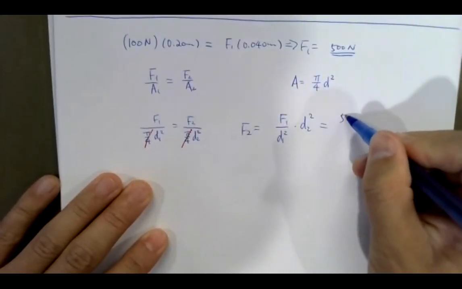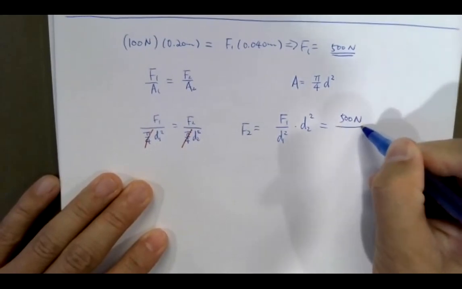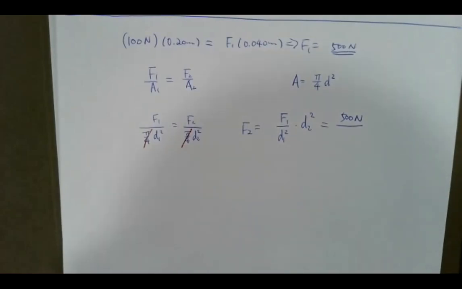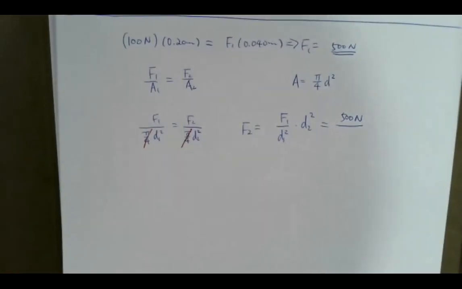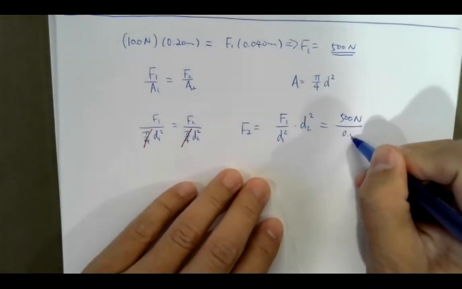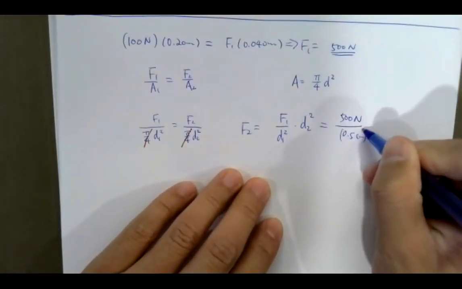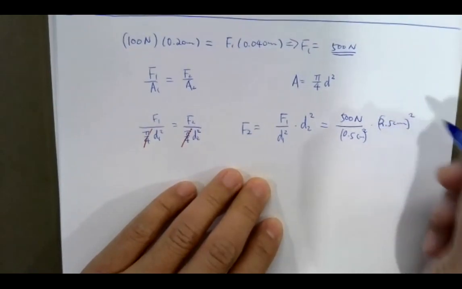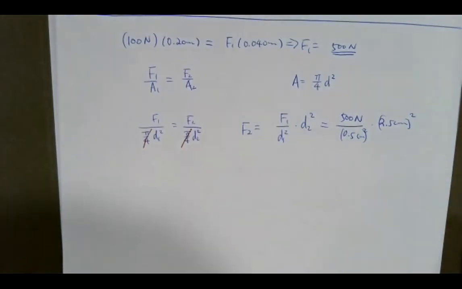F1 is the 500 newtons, d1 would be 0.5 centimeter squared, times d2 which is 2.5 centimeter squared. You can also check the problem to see the numbers.